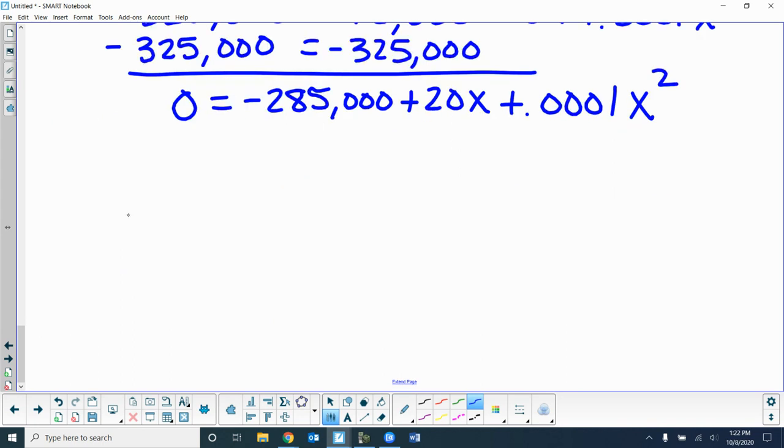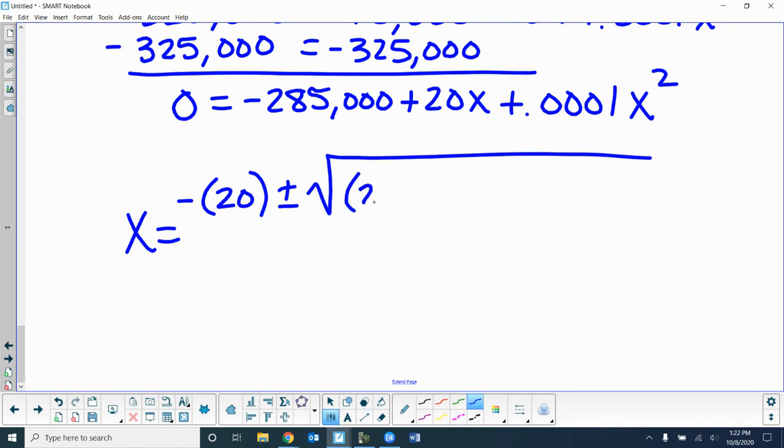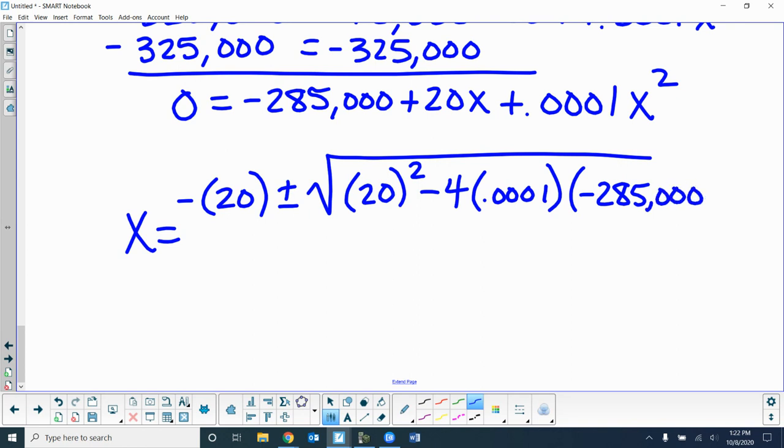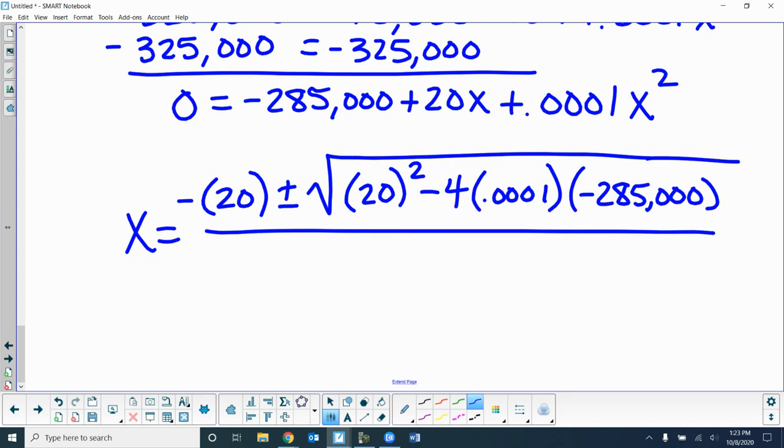And get it. So x equals negative B plus or minus the square root of B squared minus 4 times A times C, all over, don't forget the bottom, 2 times A. Okay?